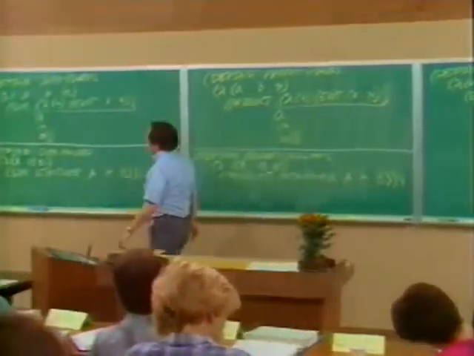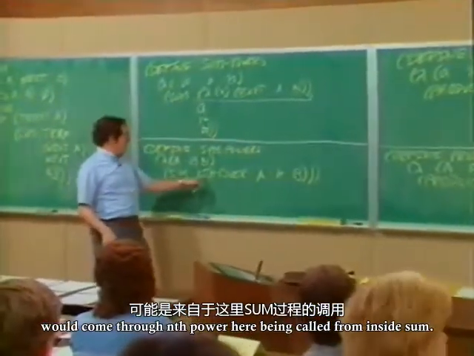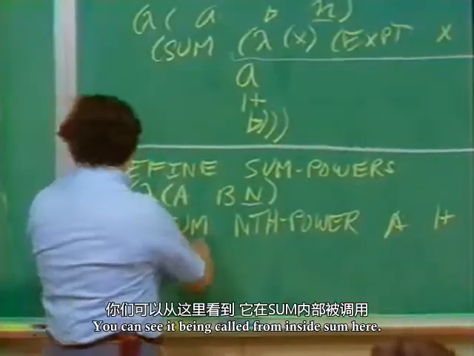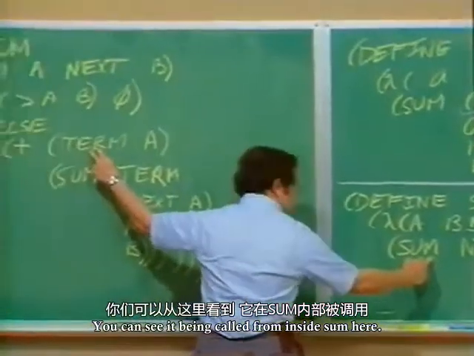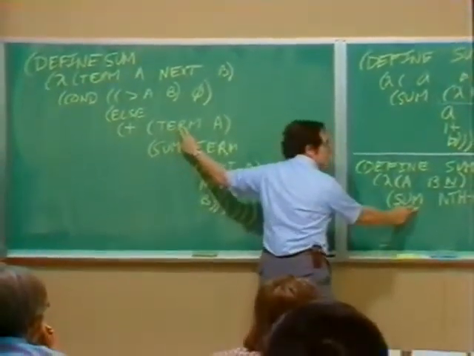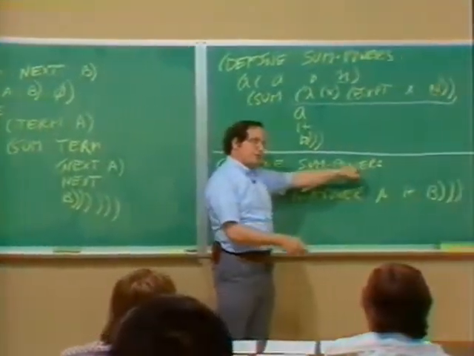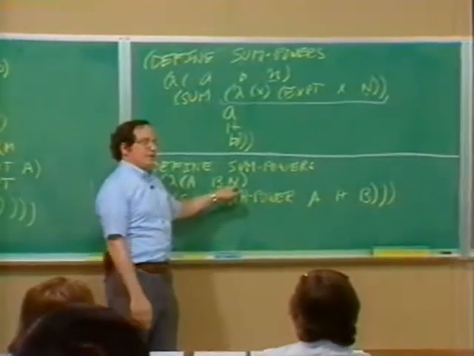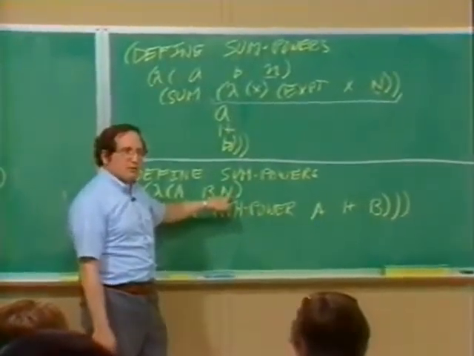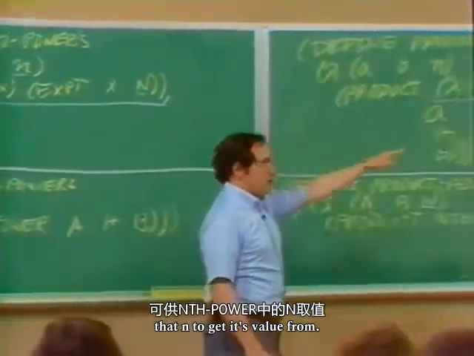Similarly, this n, the nth power's n, in this case, would come through nth power here being called from inside sum. You can see it being called from inside sum here. Okay. It's called term here. Okay, but sum was called from inside of sum powers, which bound n. Therefore, there would be an n available for that n to get its value from.